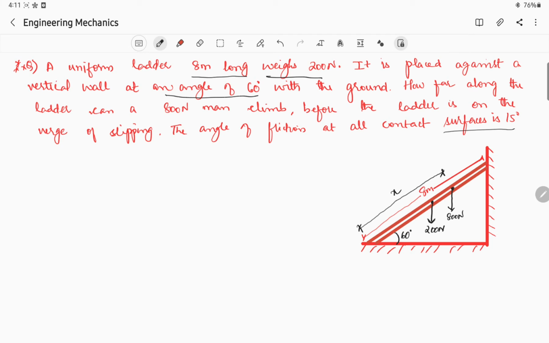I don't know whether x is greater than 8 meters or less than 8 meters, so I'm just placing it after the central part of the ladder. Now we have to place our reactions.